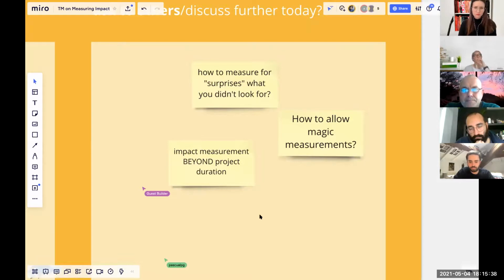So how do you deal with things that can surprisingly happen during the course of your project? Because we know how to measure certain things that are important for founders, for partners, etc. But there are also certain things that we are not aware of. So we were just wondering, how can we measure that part?